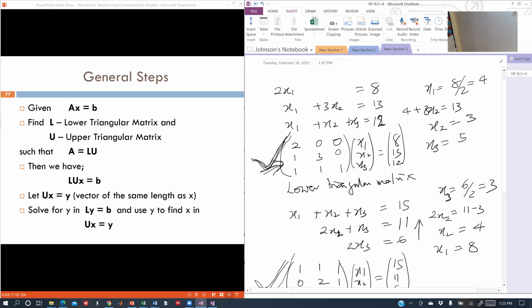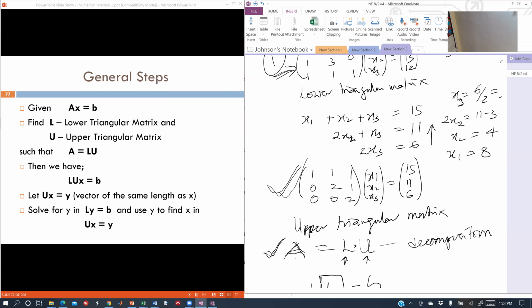It will look like this, my system here. It will look like this one, system number one, because you have a lower triangular times an unknown vector X is equal to a right-hand side, and it can easily be solved.